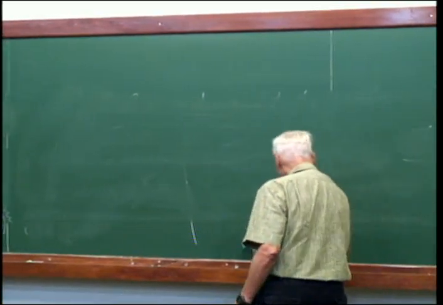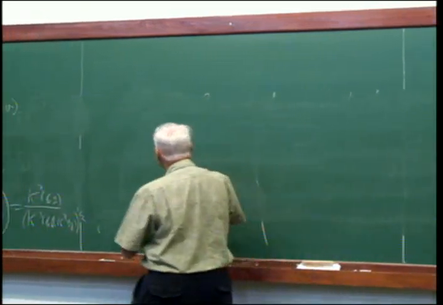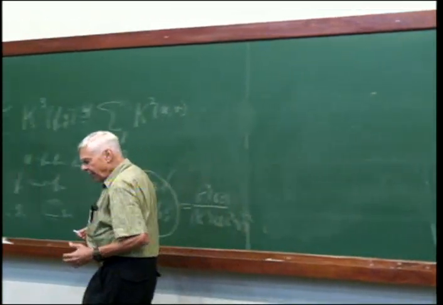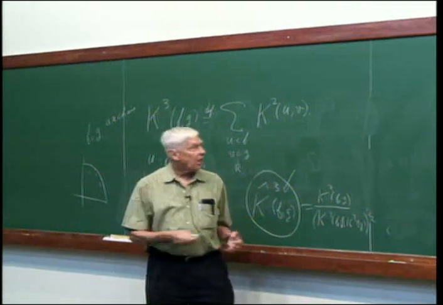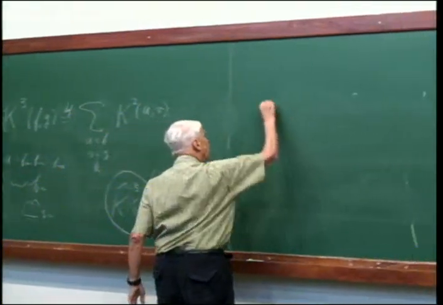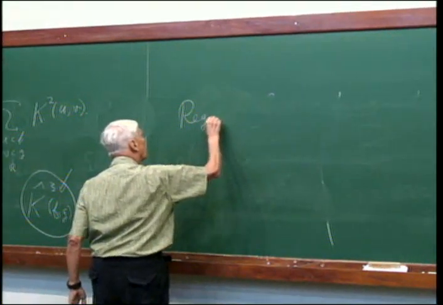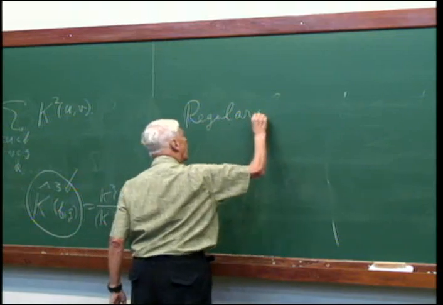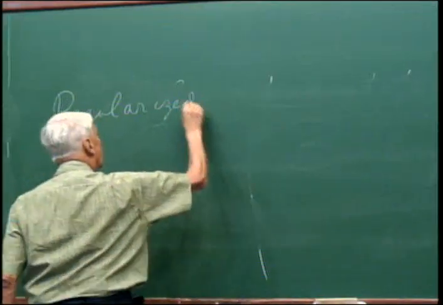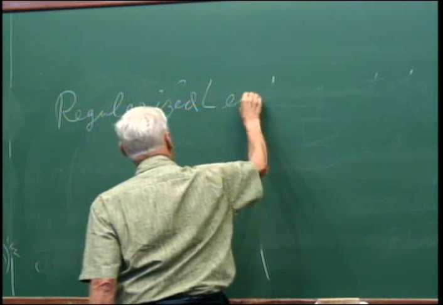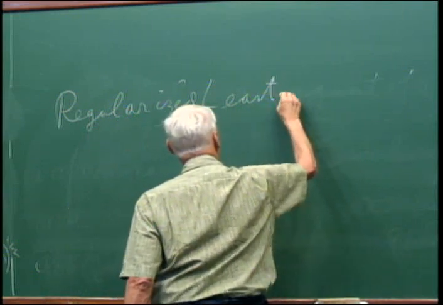Okay, so we have this kernel, and how do we use that? This is an algorithm for which I spent a long, long time making error estimates, called regularized least squares. I'm not listing a lot of names.